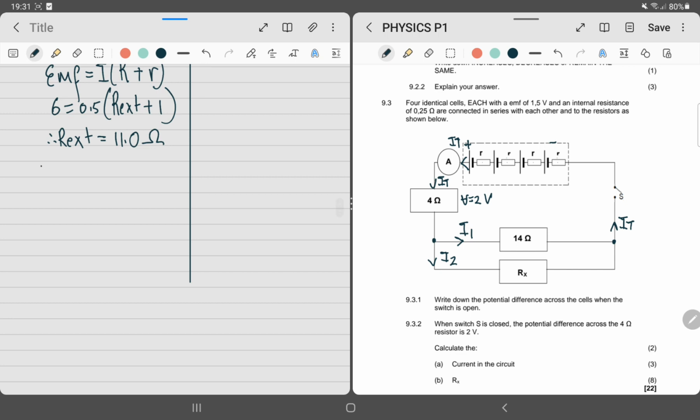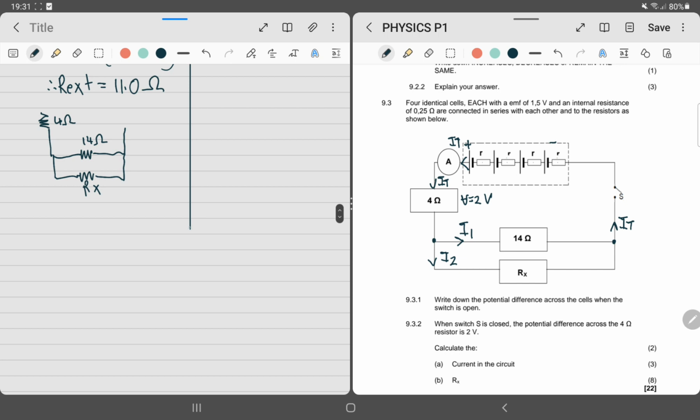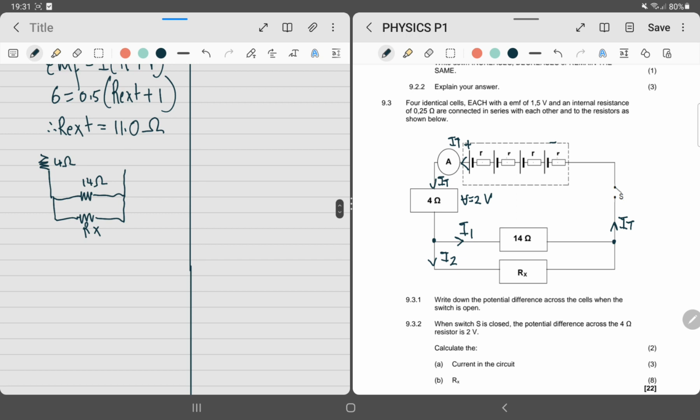The total resistance is, so we have something like that. So this is the 4 ohm, that's the 14 ohm, that's Rx. So the 14 ohm and Rx are connected in parallel. So for the parallel combination, we find the product of the 2 resistances. So this is 14 Rx, and then we find the sum.